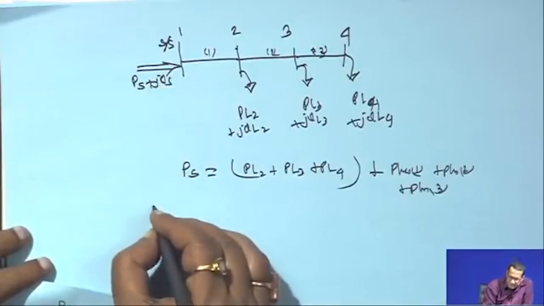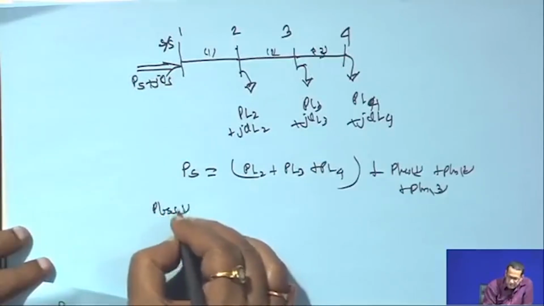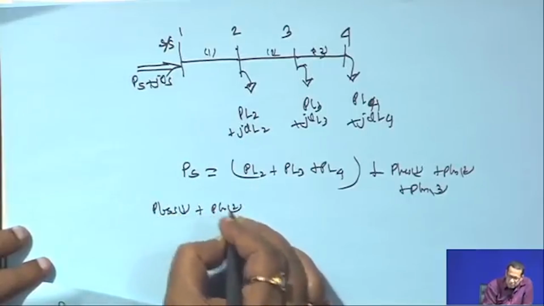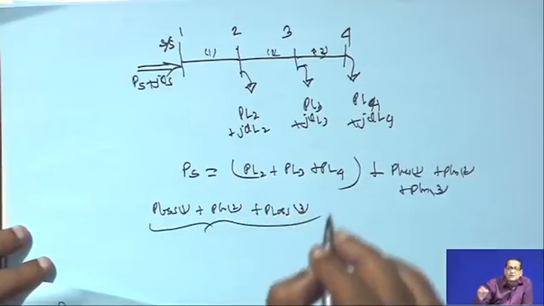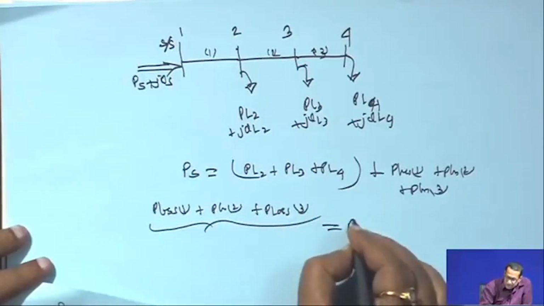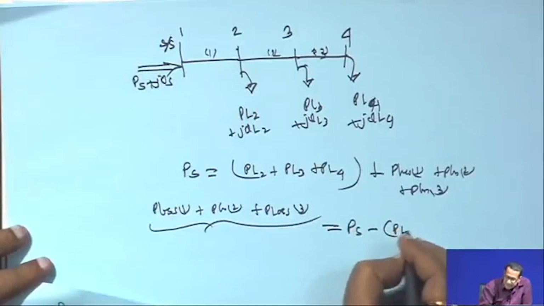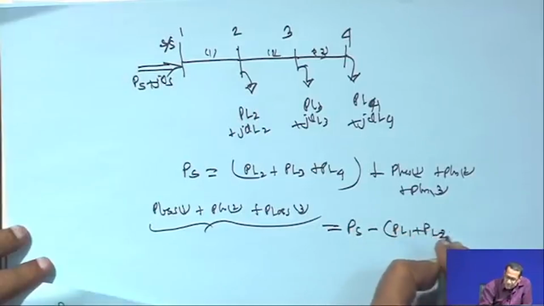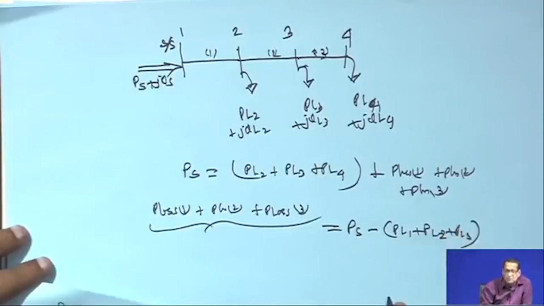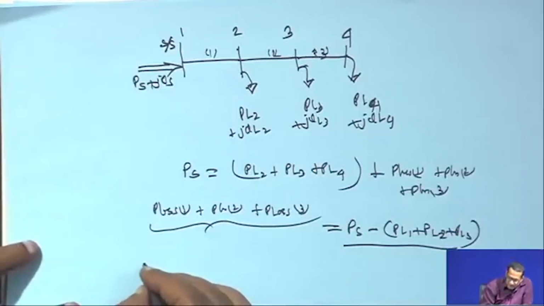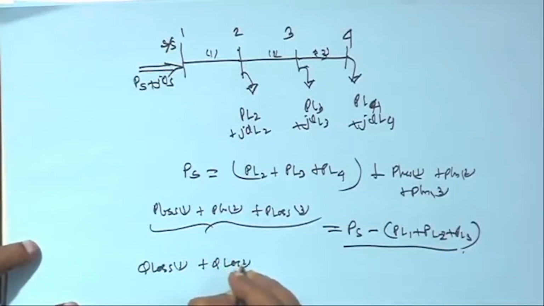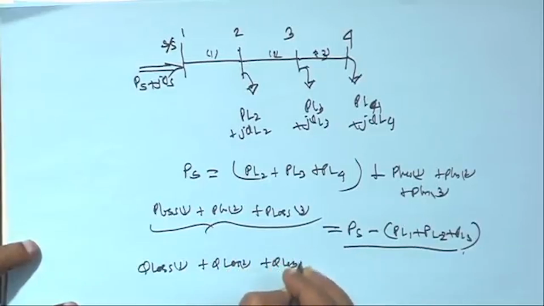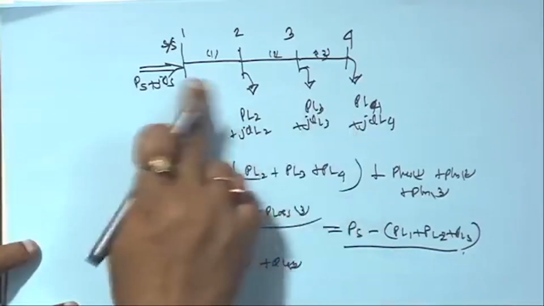Similarly, the total loss, P loss 1 plus P loss 2 plus P loss 3, that is the total loss of the network, is equal to PS minus all the loads, PL2 plus PL3 plus PL4. Similarly for reactive power, Q loss 1 plus Q loss 2 plus Q loss 3, because the substation has to supply the total reactive load plus reactive loss.